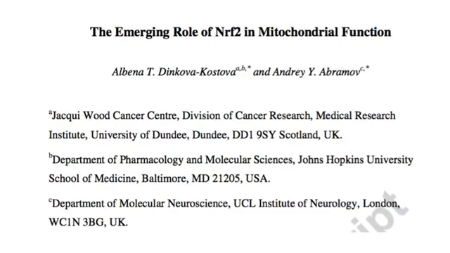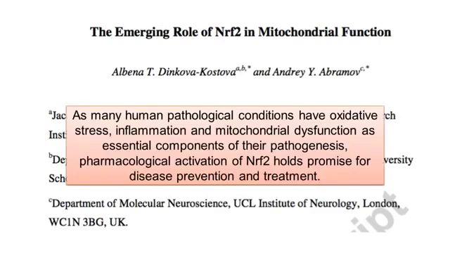Now, this is actually a PhD thesis that looked at the role of NRF2 in mitochondrial function. And one of the conclusions was: as many human pathological conditions have oxidative stress, inflammation, and mitochondrial dysfunction as essential components of their pathogenesis, or their cause, activation of NRF2 holds promise for disease prevention and treatment.